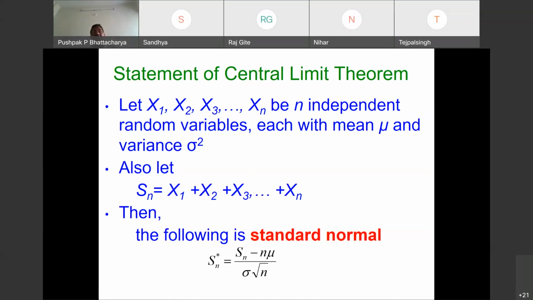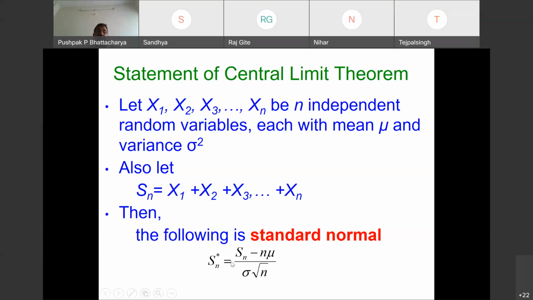The summation of these variables is also a random variable, and particularly this follows a normal distribution with mean n mu and variance n sigma square. So we take the summation of mu's, which becomes n mu. This becomes the mean of the new variable, which is summation of n random variables, and its variance is n sigma square. So the standard deviation is sigma root n.